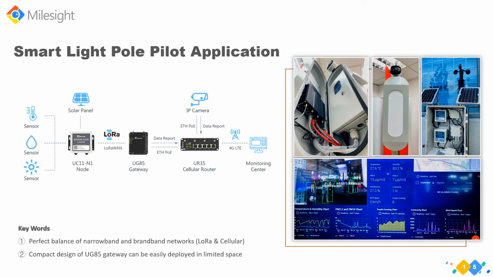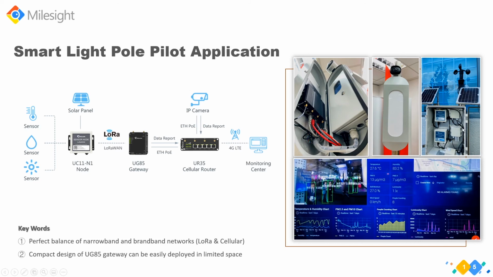But in this case, the customer makes use of legacy sensors like the temperature and humidity sensor, the PM2.5, PM10 air quality sensor, and the people counter, and connects them to our LoRaWAN-based controller through the GPIO interface, through the digital input or the analog input, RS232/485 interfaces, and the controller is solar panel powered. So you can find they are installed in this limited compact space.